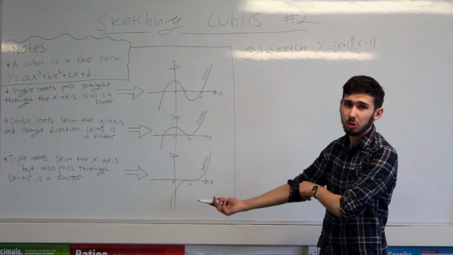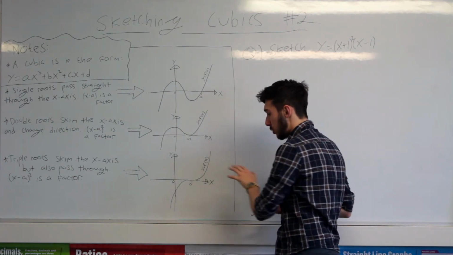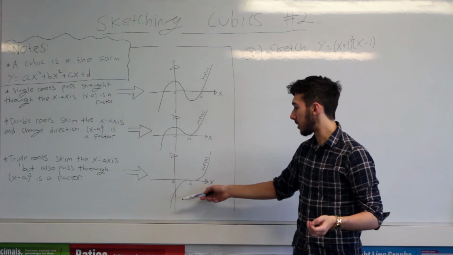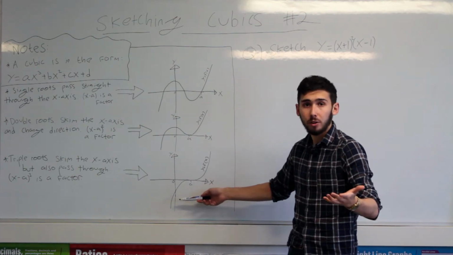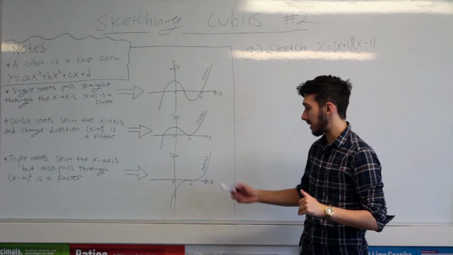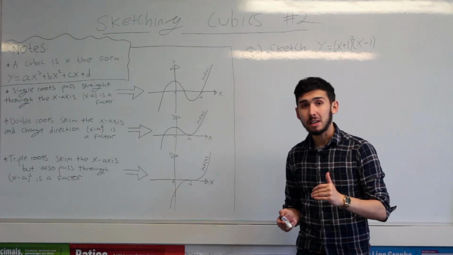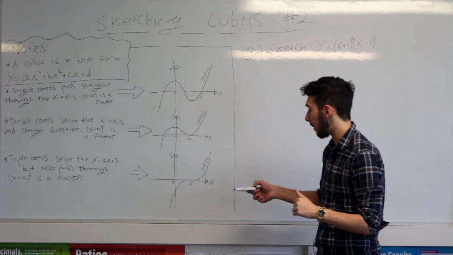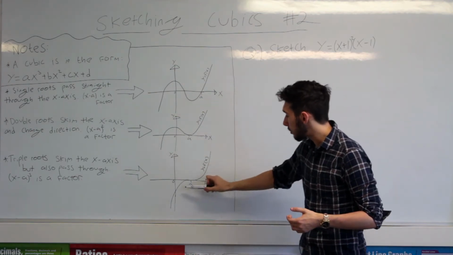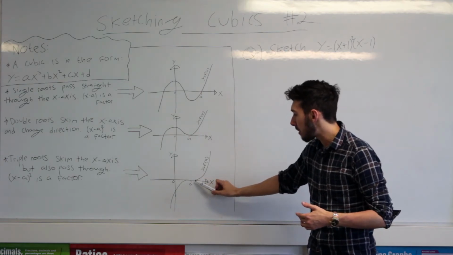But these are just examples. In this one, it comes up, again, could come down, but in this one it's going to come up. It's going to come from one direction. It's going to skim the x-axis, and then it's going to continue going through it. But it will not just go cleanly through like this. It will do this very strange shape here.